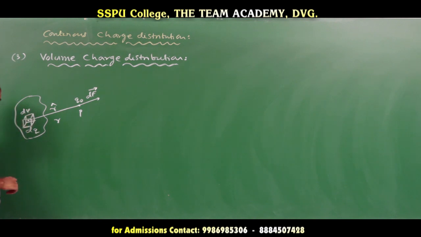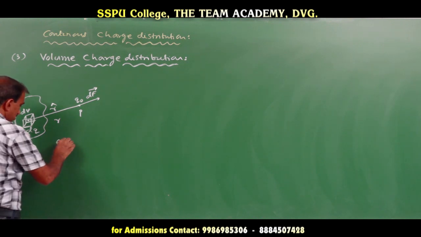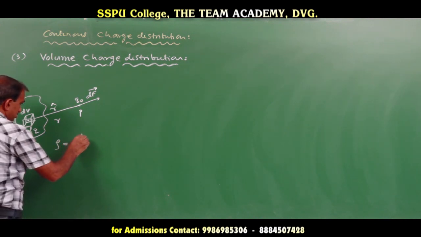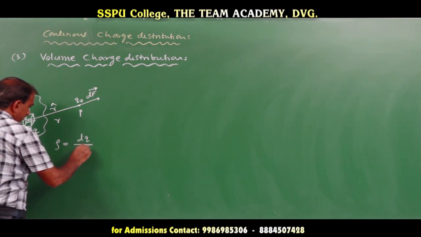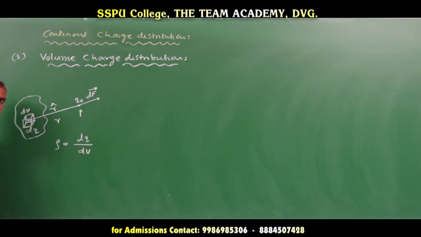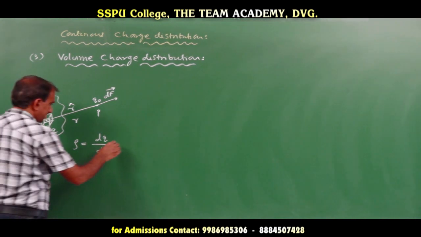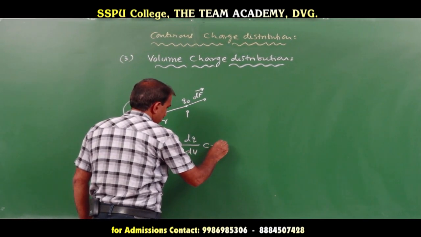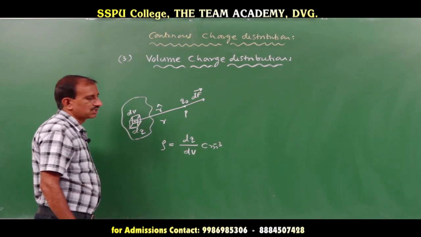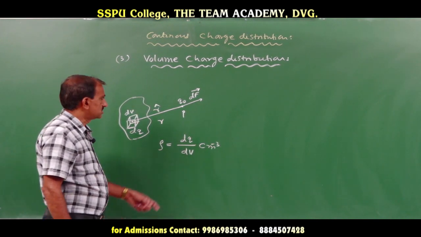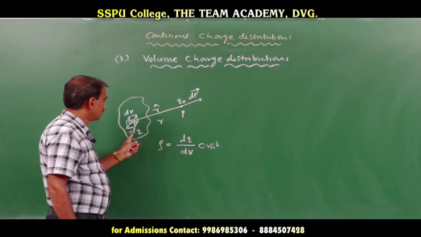Now the volume charge density is defined as the charge per unit volume of the conductor. Its SI unit is coulomb per meter cube. Now we can write the force on the charge q naught due to dq.